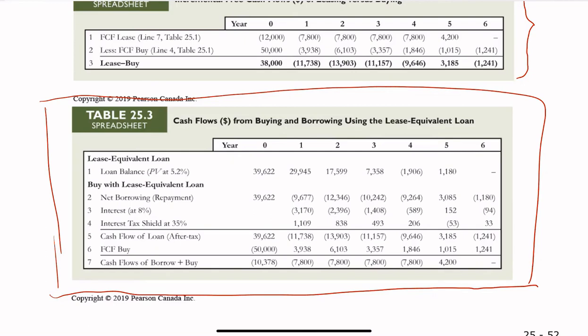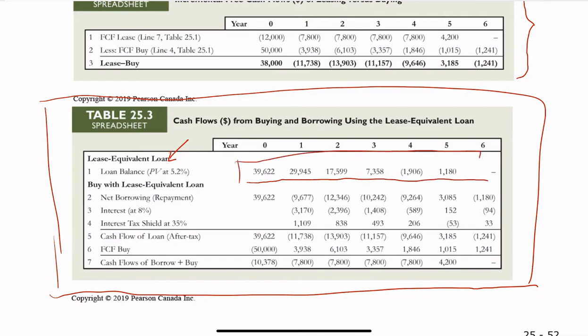So let's start with the lease equivalent loan. Here we are discussing the case that the firm is buying computers by taking out a loan, and this loan's amount is equivalent or the same as the lease equivalent loan. So basically you can see that we will be able to find out the firm's loan balance.